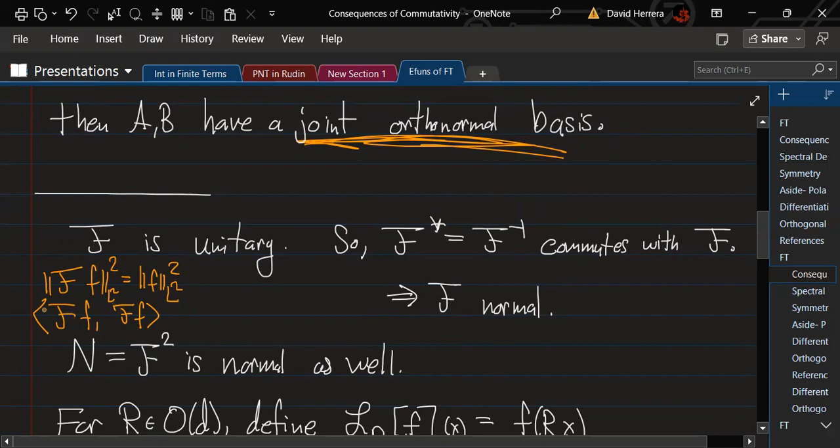And if you move this over here using the adjoint, this is equal to this. And then you can show, using the polarization identity, that F star F is the identity.